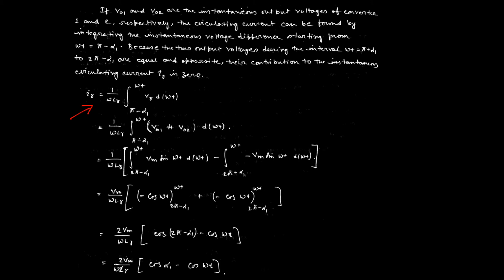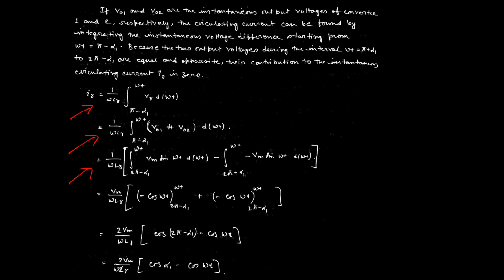Okay, so we can rewrite the expression as 1 by omega LR, integration from pi minus alpha 1 to omega t, vO1 plus vO2 d omega t. Again, after simplification, we can rewrite it as 1 by omega LR, integration from 2 pi minus alpha 1 to omega t, Vm sine omega t d omega t, minus the integral from 2 pi minus alpha to omega t of Vm sine omega t d omega t.